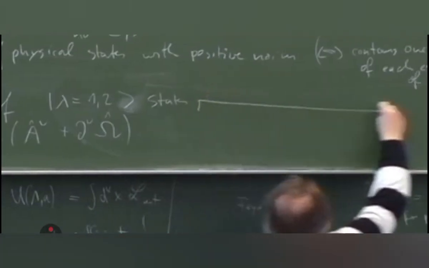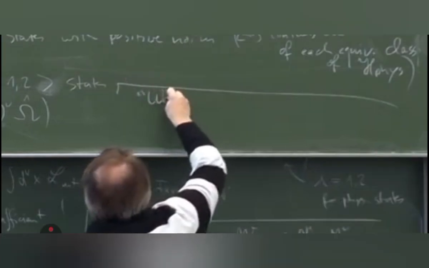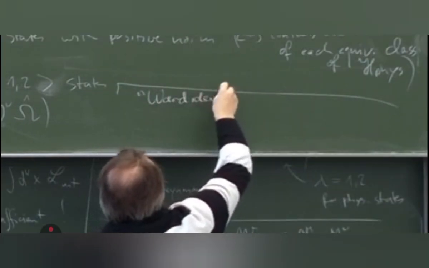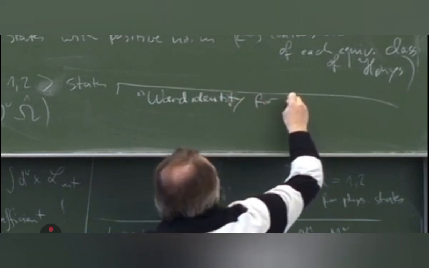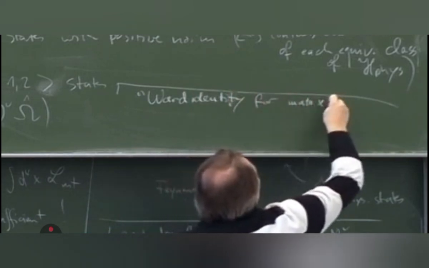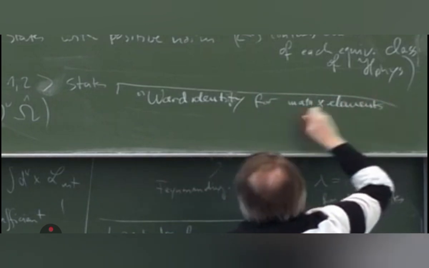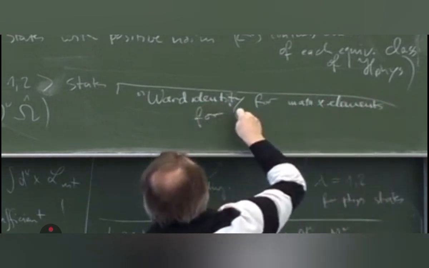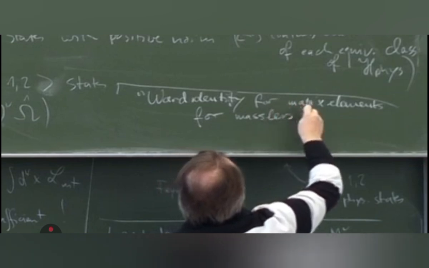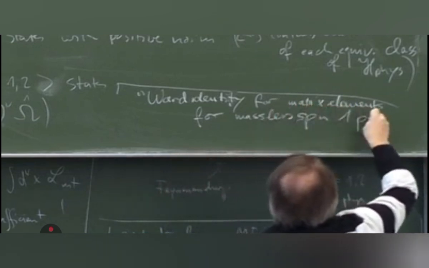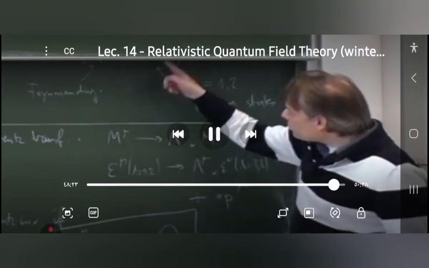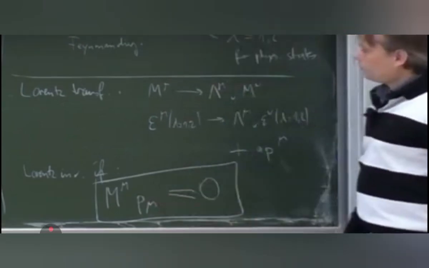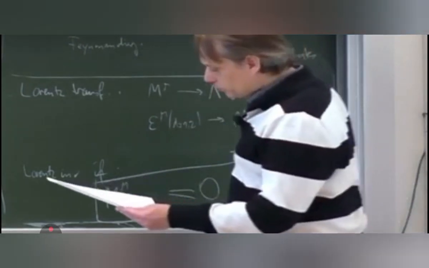This is sometimes called the Ward identity for matrix elements for massless spin-1 particles. And this Ward identity, that a matrix element vanishes if you replace an epsilon by a p, helps in establishing Lorentz invariance.